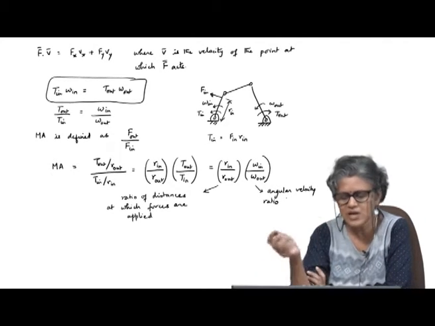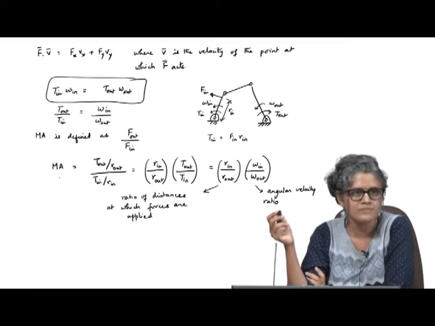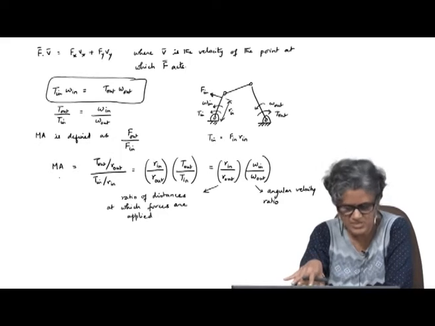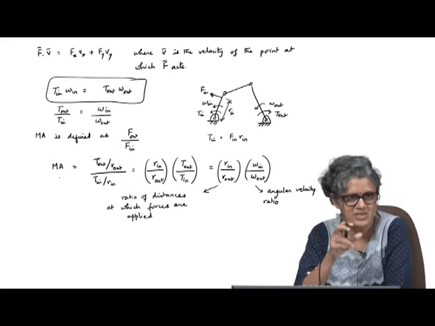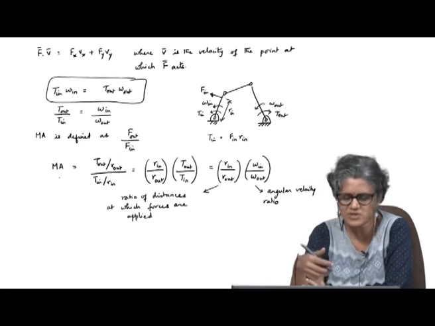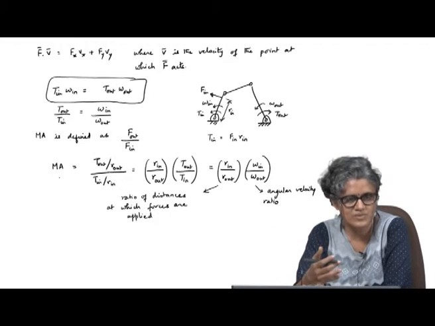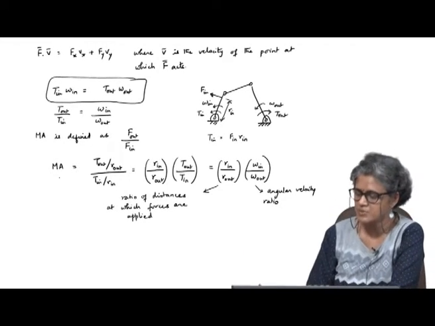For a crank rocker, you can define it as T out by T in. The general definition of mechanical advantage is F out by F in, because in that case, if R in and R out do not change, you can define it in terms of the input and output torques.